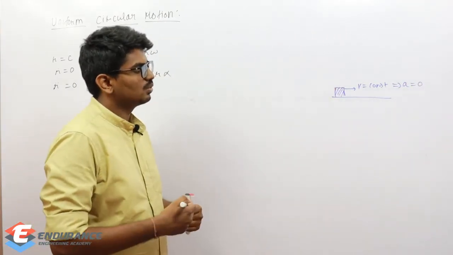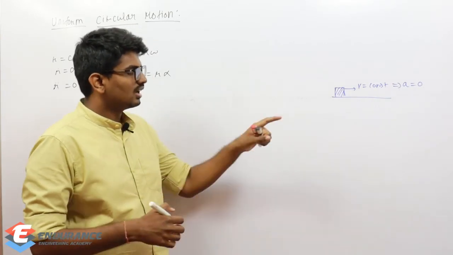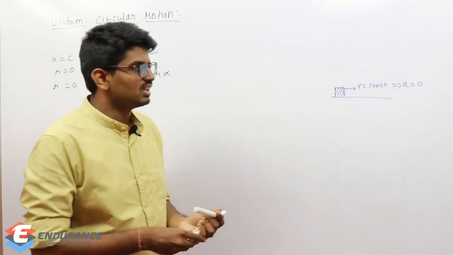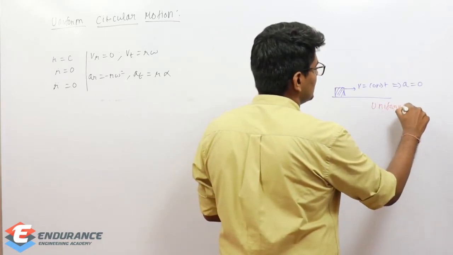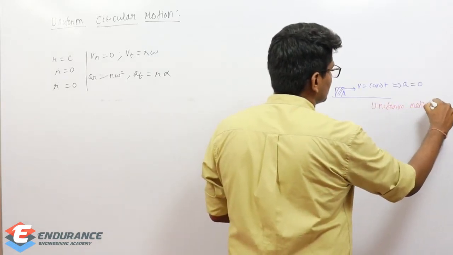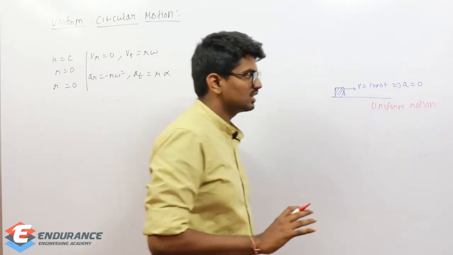As acceleration becomes 0, that body is said to be under uniform motion, and it is linear motion because we are considering only straight line motion.